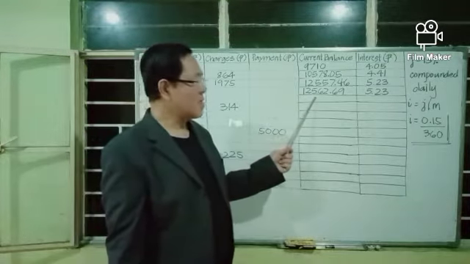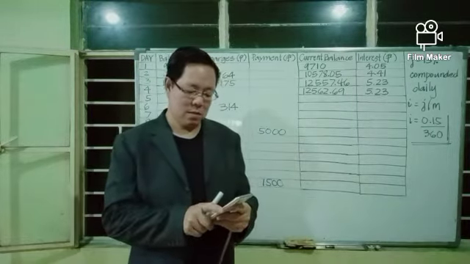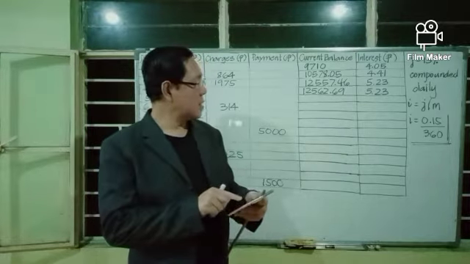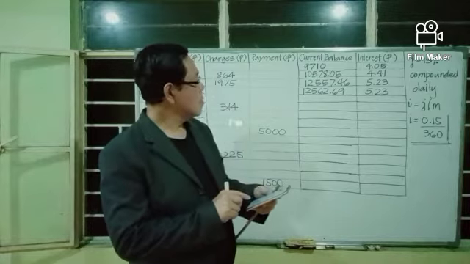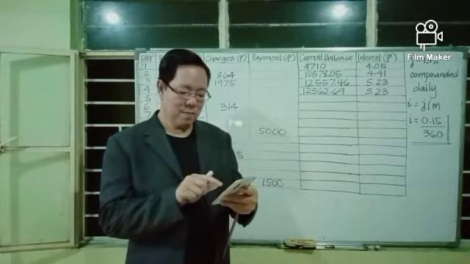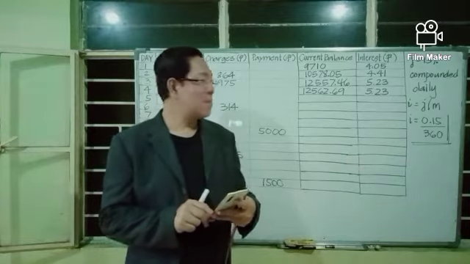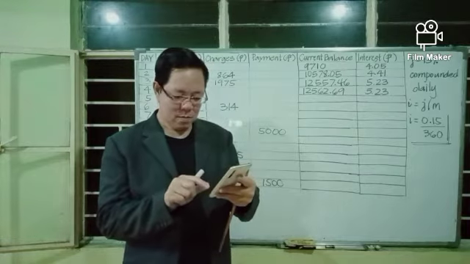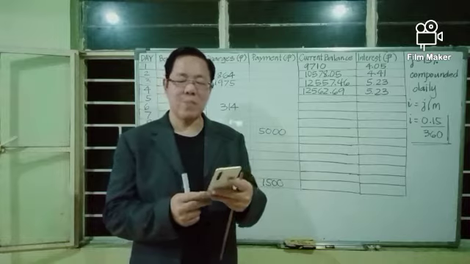You add 12,562.69 plus the interest earned on the 4th of November, 5.23. You should get 12,567.92.